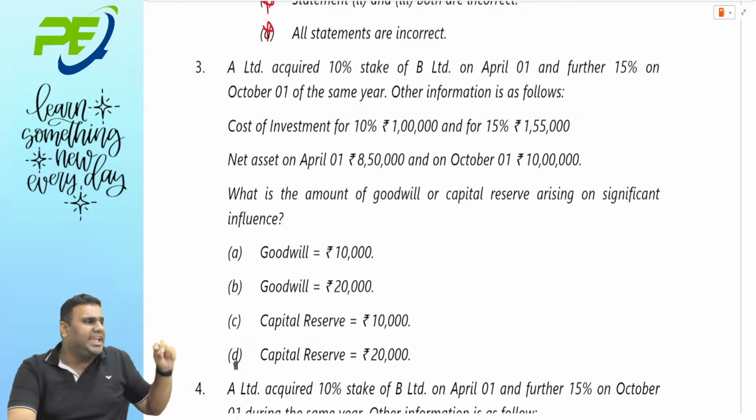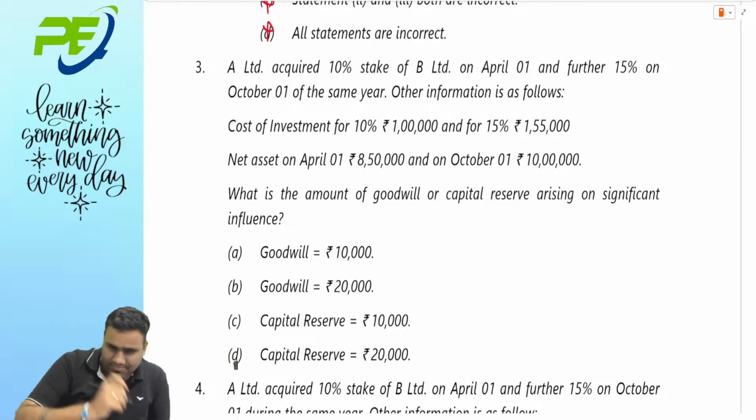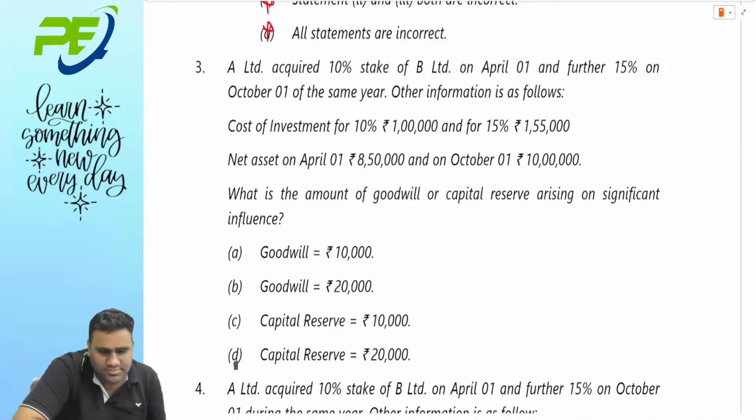This is called step acquisition. I explained your concept, no? Let me see who can calculate and tell me right. Goodwill 20,000.